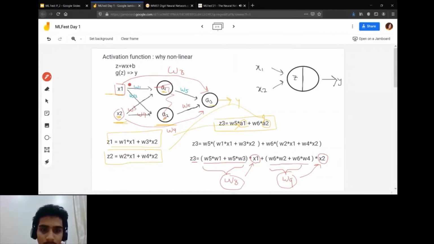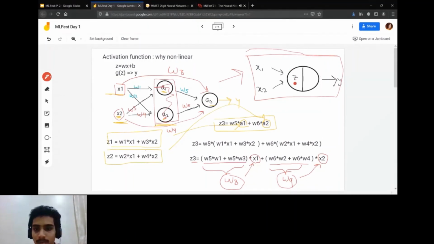All we are seeing is just a linear combination of weight times x1 and weight times x2. What we infer from here is that our whole neural network, which had one hidden layer, is basically performing like a perceptron, which we saw in the earlier example.